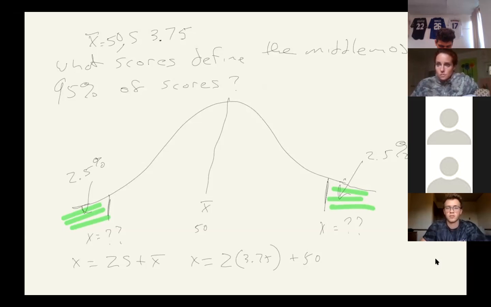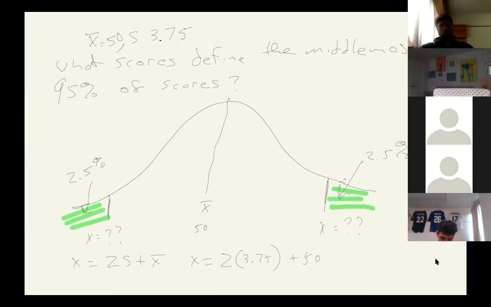What column should we be looking in to find that 0.025? Joe, do you have any idea? No. Okay. Sam? Sorry, can you say the question again? In what column should I be trying to find that 2.5%, 0.025? The column farthest to the right.